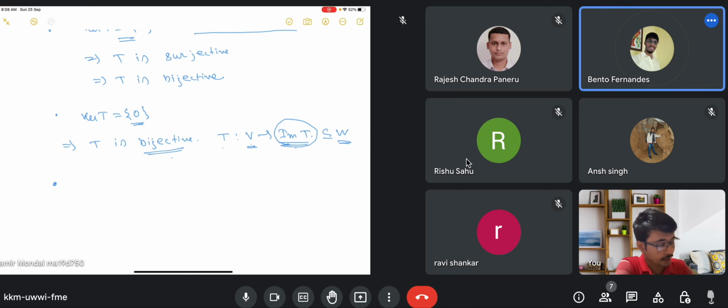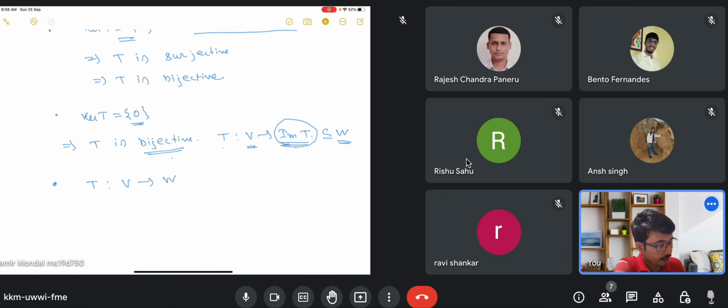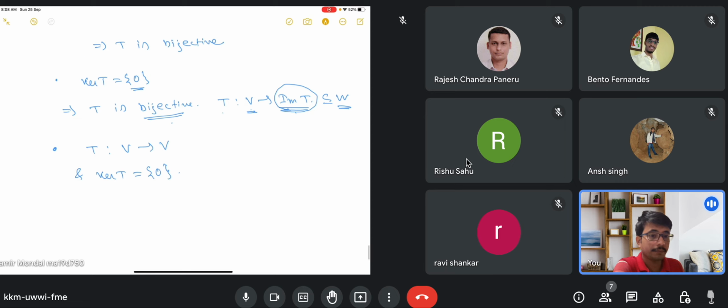Yes, sir. Okay, so if you consider a map from V to V, with kernel of T equal to 0, then please tell me, does only this assumption imply T is bijective here?